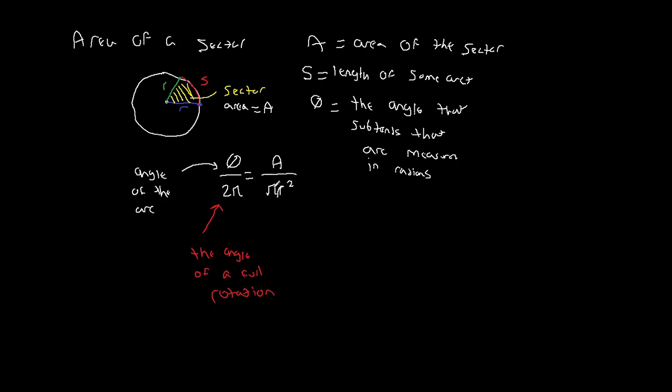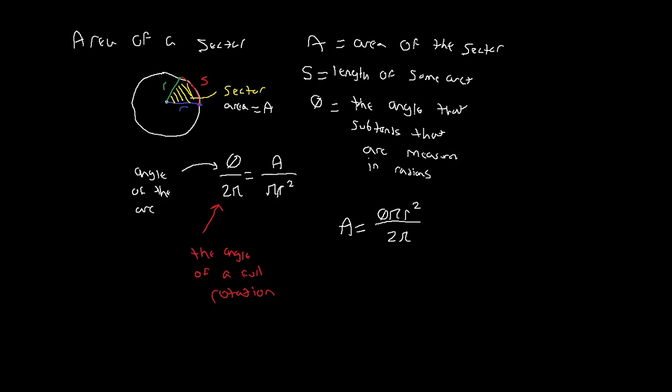Hopefully that makes sense. Because we're assuming that we know theta, or that we can figure theta out, and that hopefully we know the radius as well, we can solve this equation for area. We multiply both sides by pi r squared, so A is equal to theta times pi times r squared divided by 2 pi.